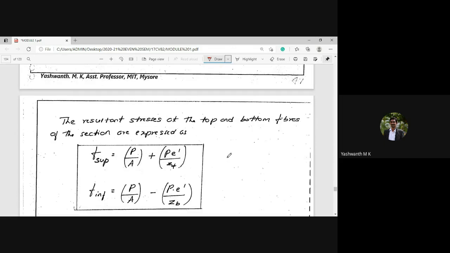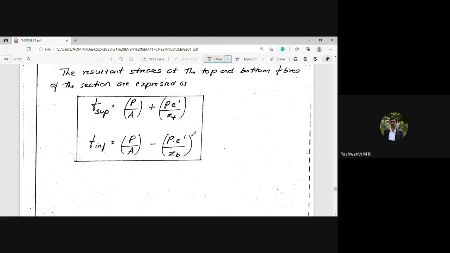Now, if you want to calculate the stresses for a PSC beam using the pressure line, thrust line or C line concept, then the resultant stresses at the top and bottom fiber can be calculated using this formula.